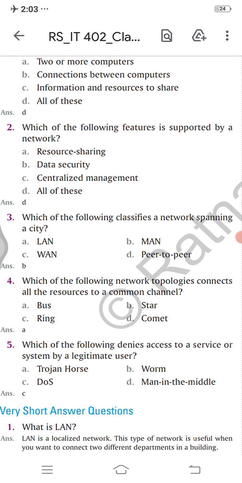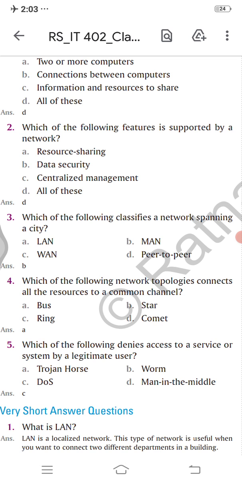In sequence, we go to question number 2. Which of the following features is supported by a network? The answer is resource sharing. First of all, you must know that resource sharing is an option supported by a network. This is a feature. The second thing, which is very important, is data security.